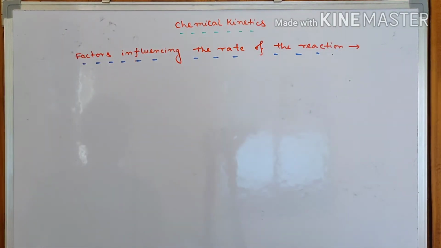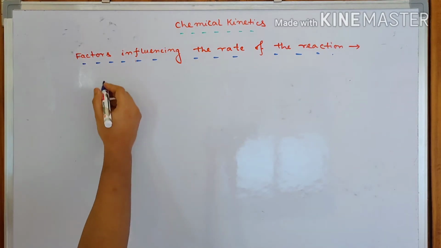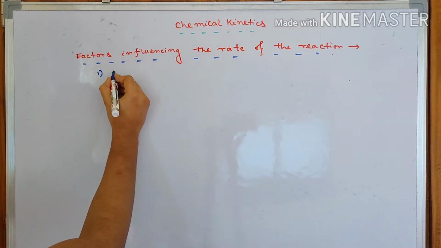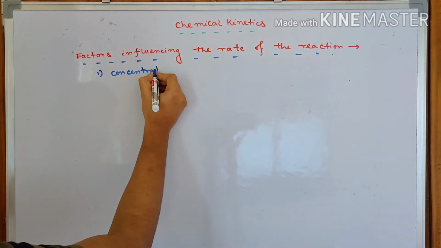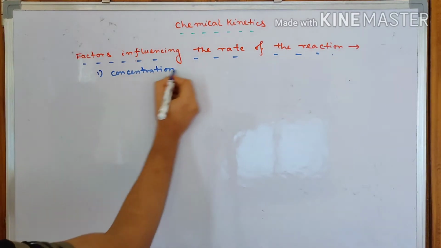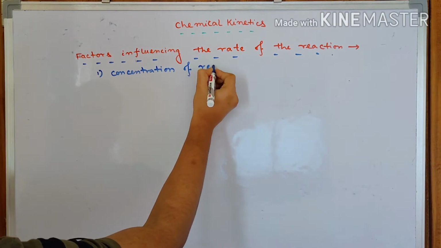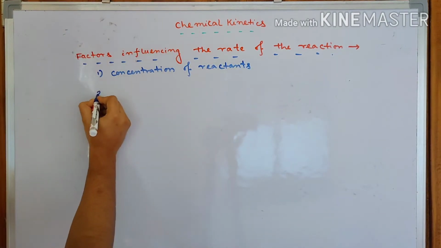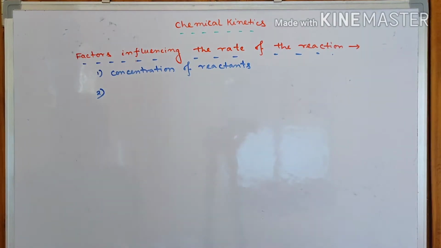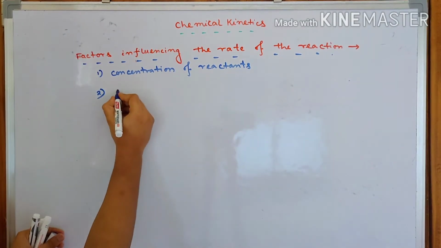The most important factors are: concentration, temperature, nature of the reactants, and presence of a catalyst. So let me write them down one by one. First is concentration of reactants. Next is temperature of the system.